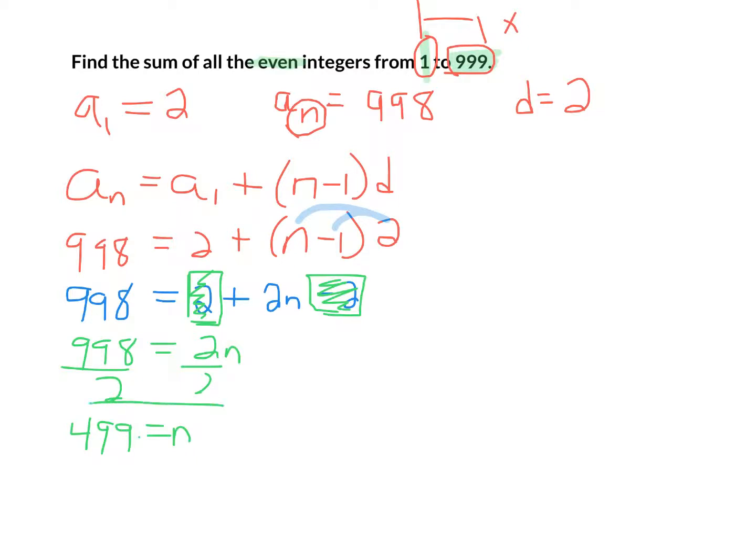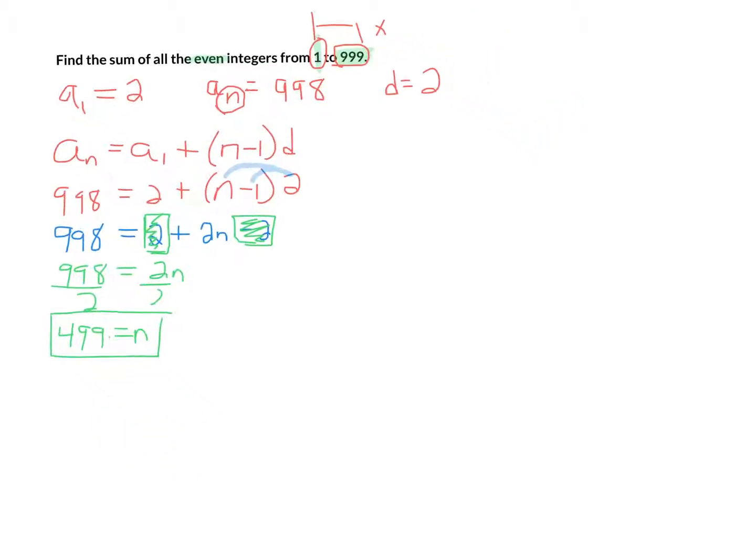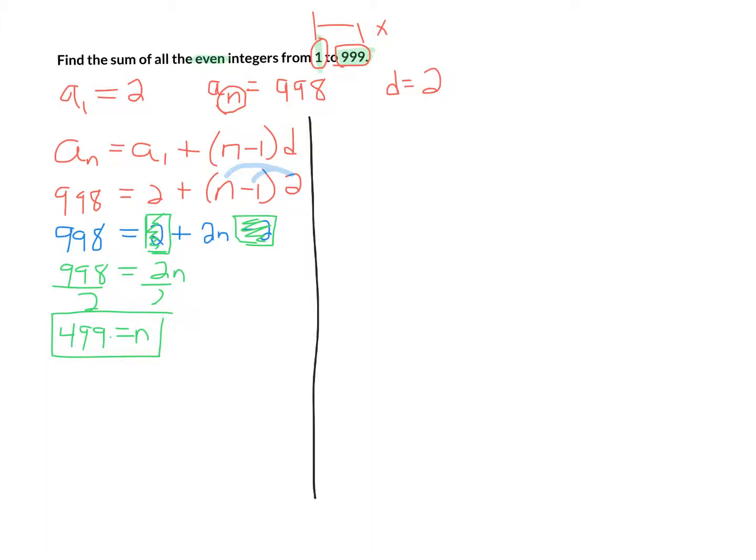That's great, but that's not what we're asking for here. It wanted to know the sum of these integers. So again, just like before, let me shrink this down a little bit and scooch it over here. Just like before, we're going to have to use our summation formula. So our S of n equals n times a1 plus an, divided by 2.